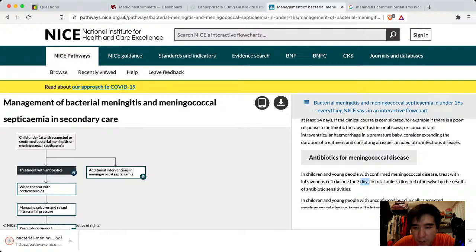Where is it? Bacterial meningitis. This is the one. Oh, you can't see it because it's out of this.